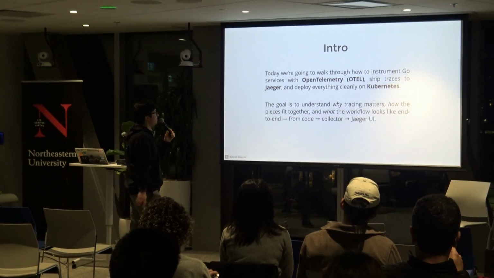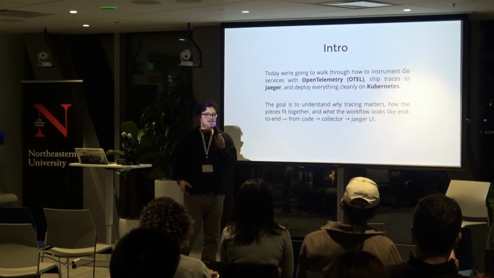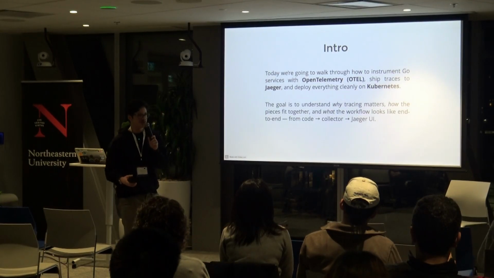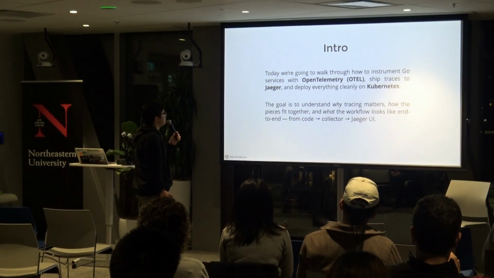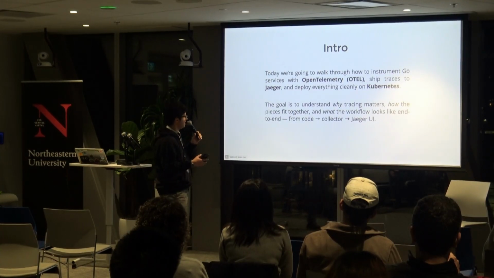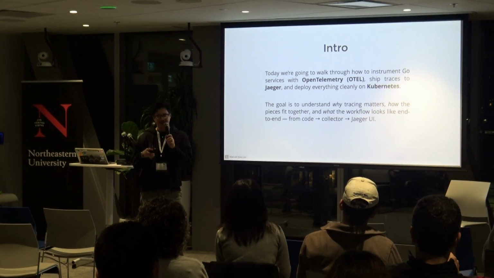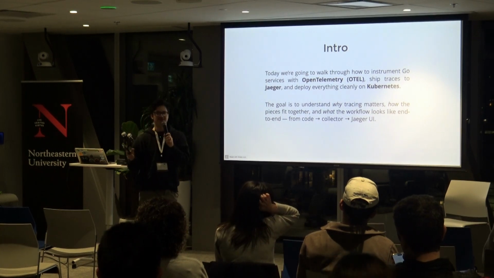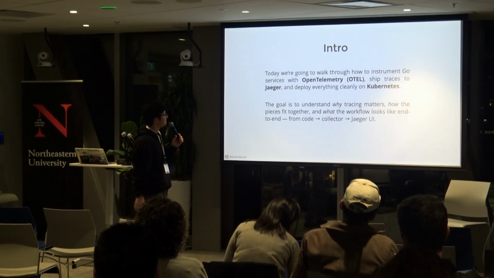So today we're going to walk through how to instrument Golang application or Golang services using OpenTelemetry. This will allow us to ship traces to this platform called Jaeger and essentially deploy everything really nicely into Kubernetes. So we're going to be using Kubernetes for this presentation.